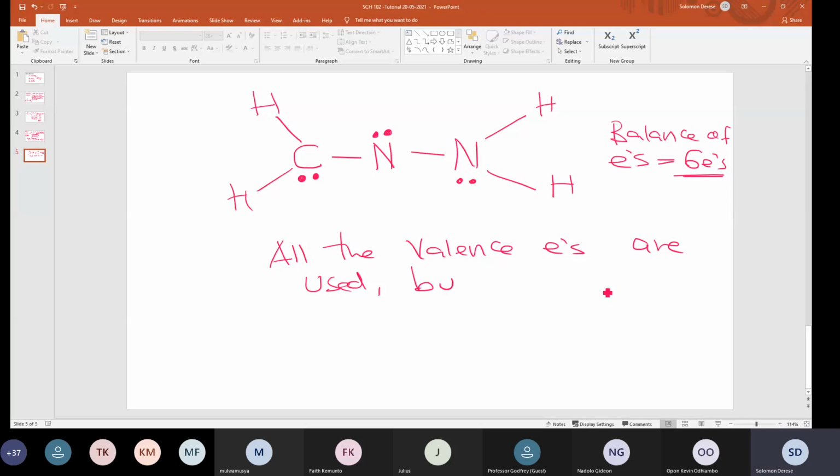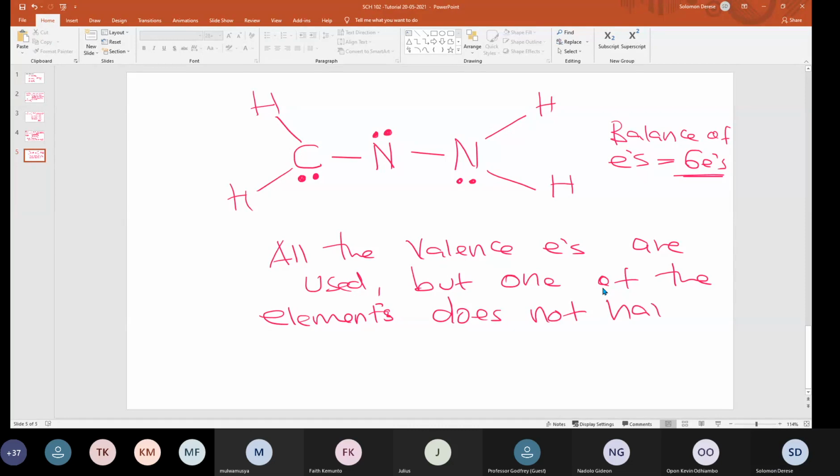But despite this, one of the elements does not have an octet of electrons.